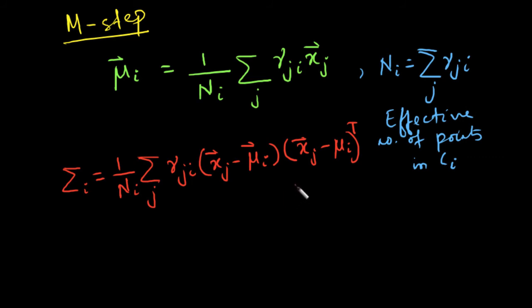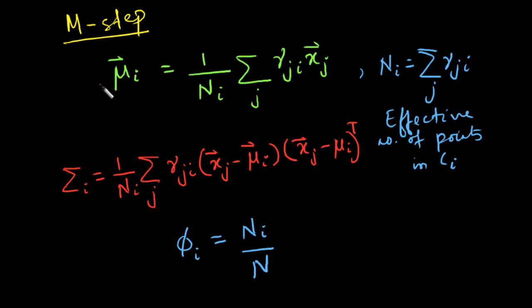If you have a single variable, then this reduces to your regular expression for the variance. Now your mu I and sigma I have been determined, and finally what we need is phi I, which is simply given by Ni divided by n. Remember that in this expression, you use the updated value of mu I from this step and not the mu I from the previous step.